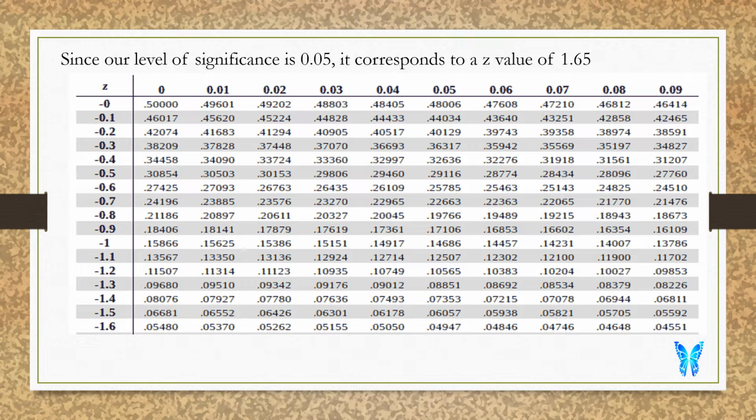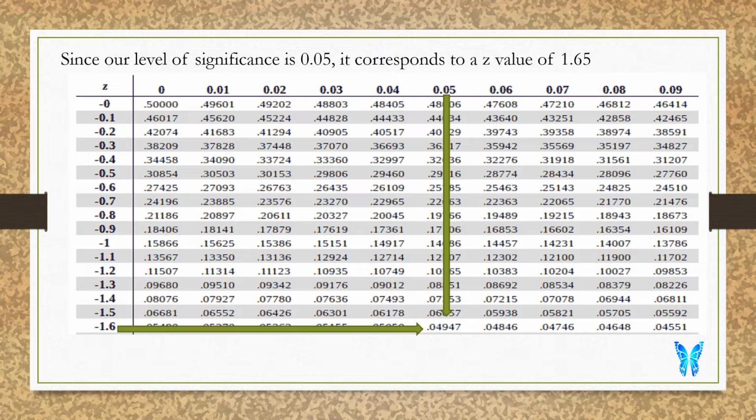Then from the left-hand side, we have negative 1.6, or we use only the positive, which is 1.6. From the vertical line or arrow, we have 0.05 as its unit.